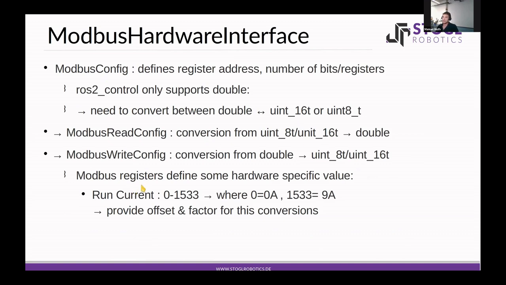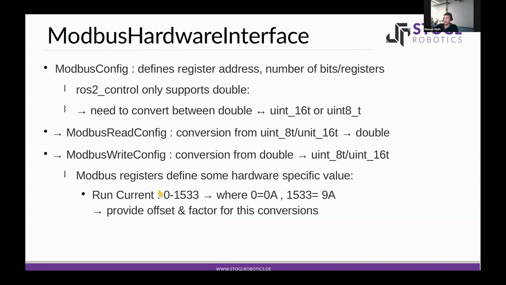Additionally, because the Modbus registers usually define hardware-specific values, for example, let's say we have the run current, then we have maybe values between 0 and 1533, where 0 is equal to 0 ampere run current, and 1533 is equal to the maximal available run current, maybe 9 ampere in this case.